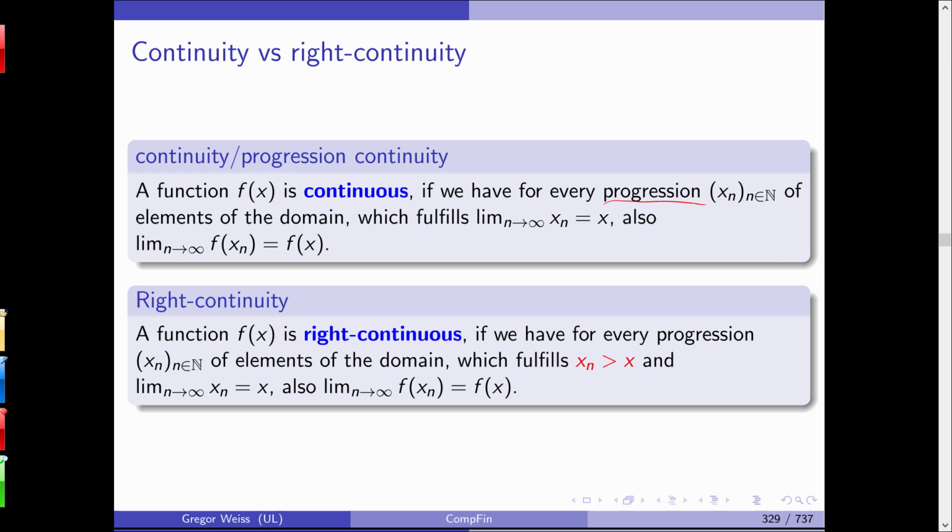This is continuity. You might have seen this in your introduction to mathematics. There are different ways of defining continuity, and in our case, this is actually equal to the definition of continuity.